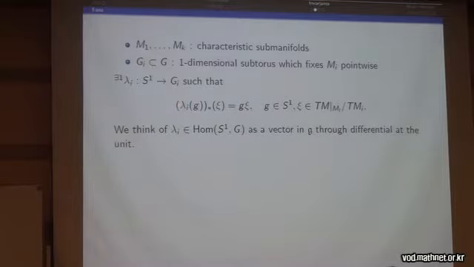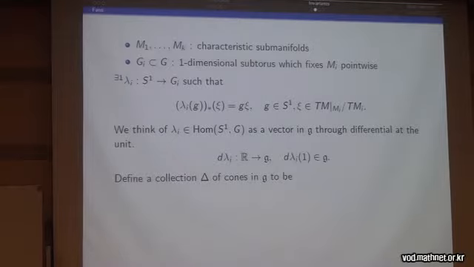So we choose the parameterization lambda_i so that the weight on the normal bundle is exactly 1. Then there is a special homomorphism from S^1 to G_i. We think of this homomorphism as a vector in g as follows. The differential of the homomorphism is a linear map from R to g, and the image of 1 is an element in g. So we can think of lambda_i as an element in g.